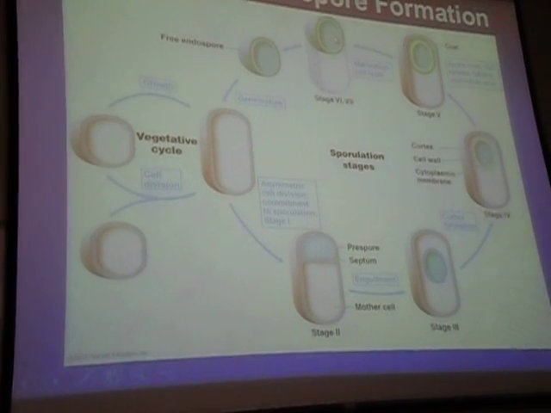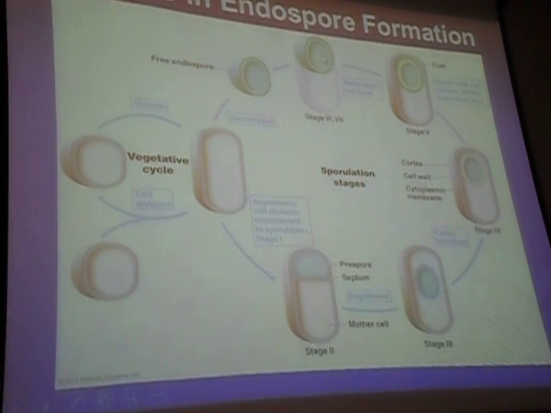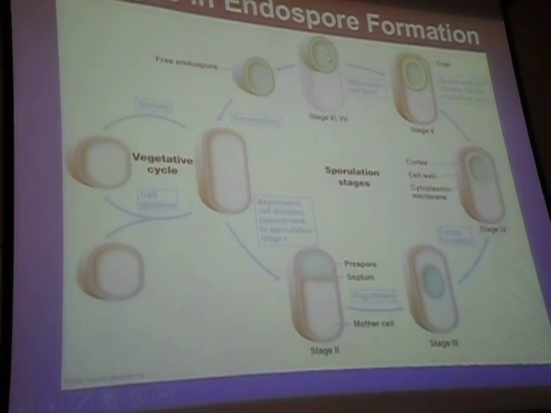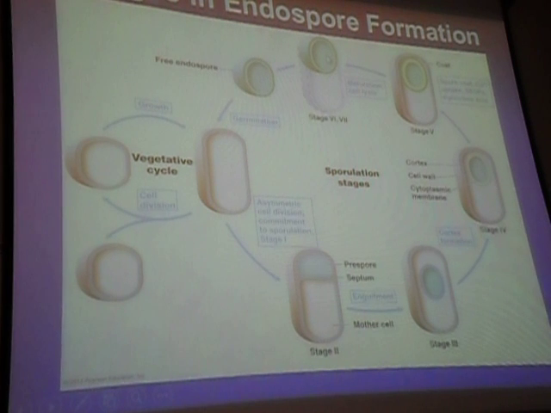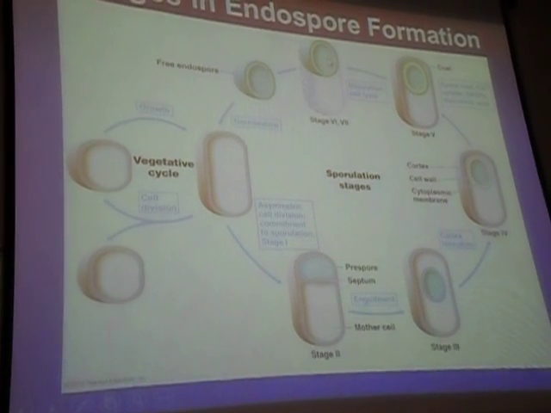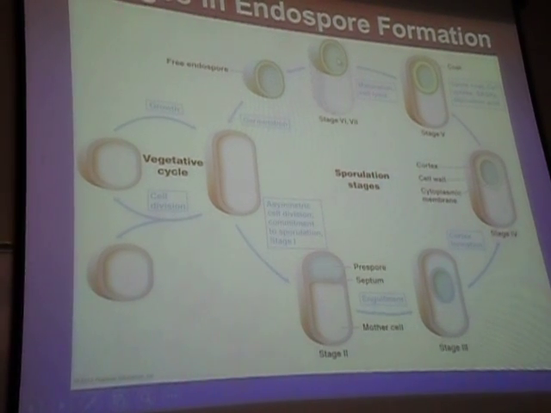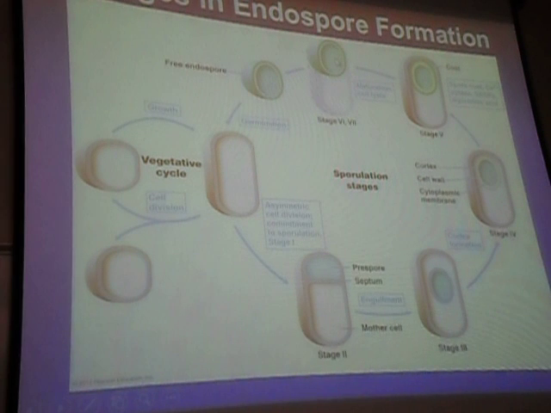And once it's matured, it will retain the malachite green. Remember, to stain the endospore, you have to force the dye in by steam because it's dye resistant. Once you get it into the endospore, whether it's a mature endospore within a sporangium or whether it's a free endospore, once it's mature, it will retain that malachite green. If you try to wash it off, it'll wash out of the vegetative cell.